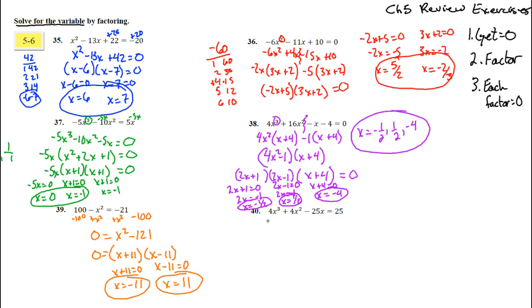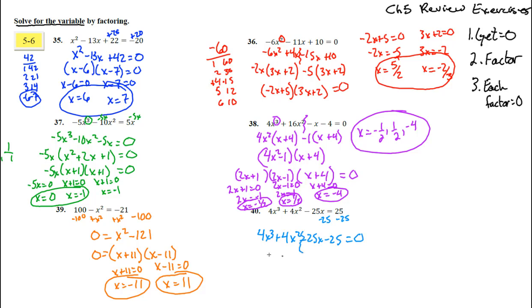Number 40. Ooh, this is big. Step number 1, get it equal to 0. So subtract this 25 from both sides. So we now have 4x cubed plus 4x squared minus 25x minus 25 equals 0. Now let's factor it. Pull out the greatest common factor. x, nope, that 25 doesn't have an x in it. 4s and 25s, nope, no greatest common factor, but 1, 2, 3, 4 terms.